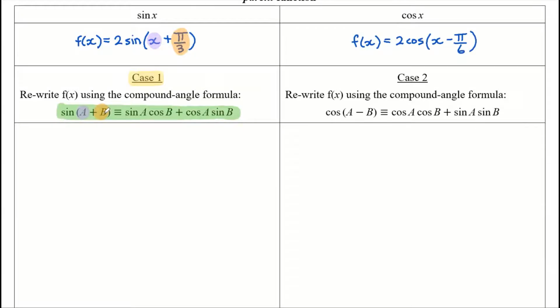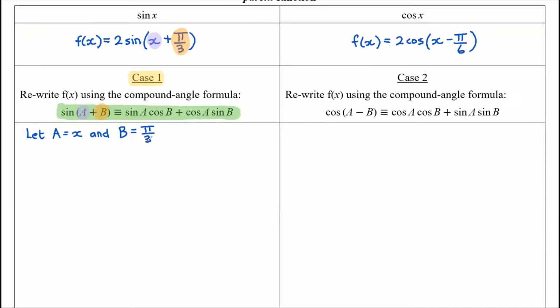So let's state that before we get started. Let big A equal x, of course, and everything's positive in this. So capital B is equal to pi over 3.